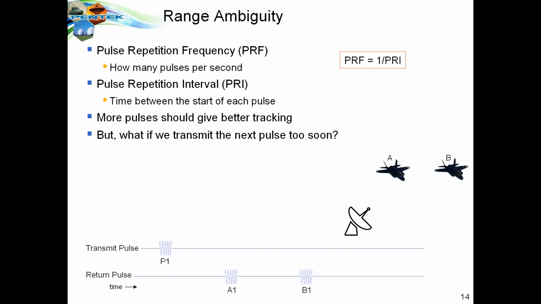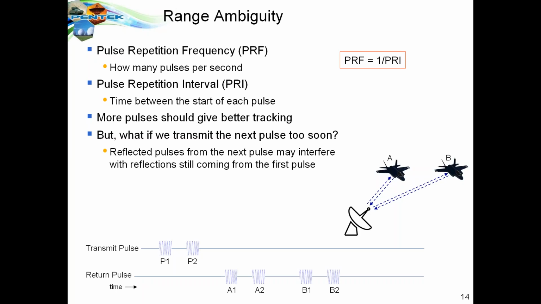In the example that we showed on the previous page, we had the two returns A1 and B1, but what if we have a second pulse coming out at time P2 going to those same targets? The return signal from target A and target B will appear as A2 and B2 pulses. Now, because of the time that the target takes to reflect its pulse, you may not know exactly which pulse belongs to which target.